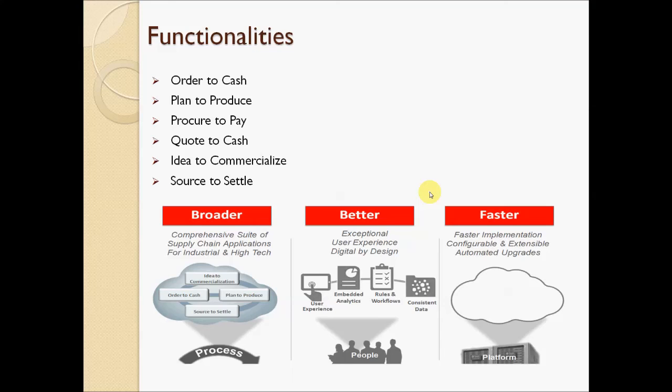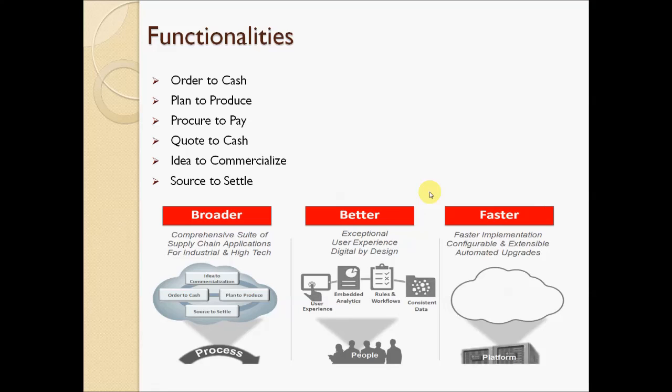What they did is they re-engineered these business processes, added real-time analytics, predictive analytics, as well as the latest technologies available like the IoT cloud and machine learning into the functionality itself. So the business users will be highly benefited when they use these functionalities in the cloud.